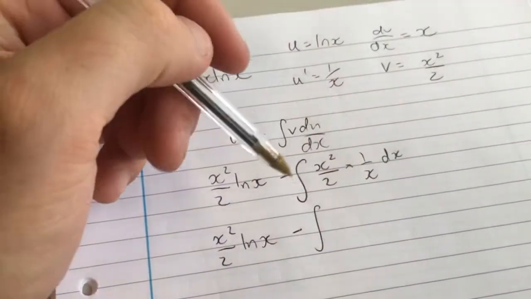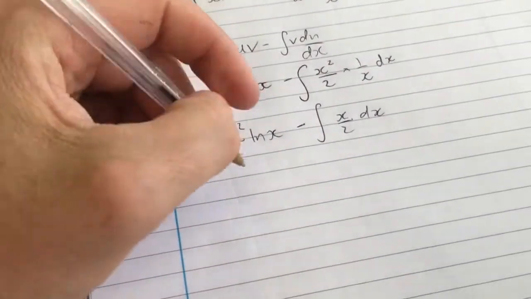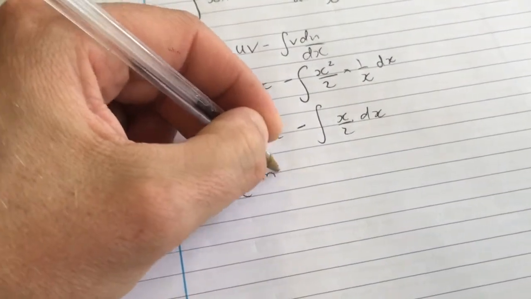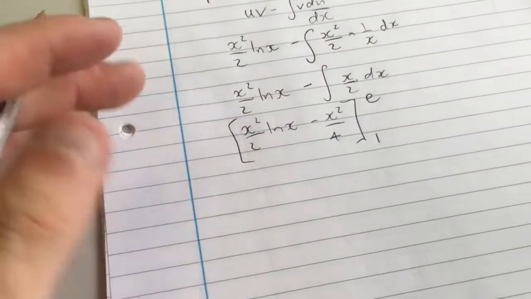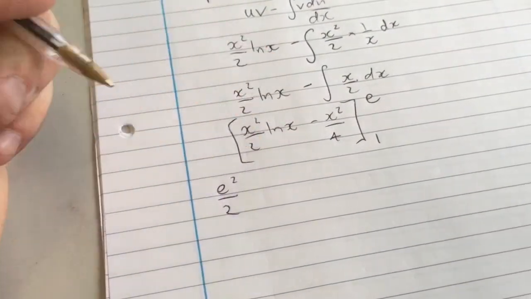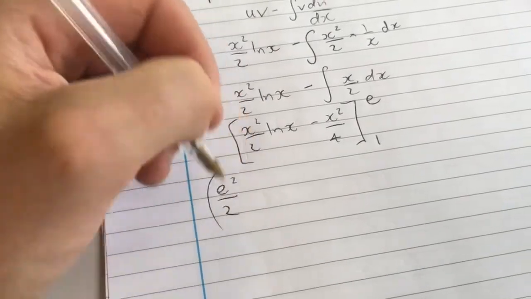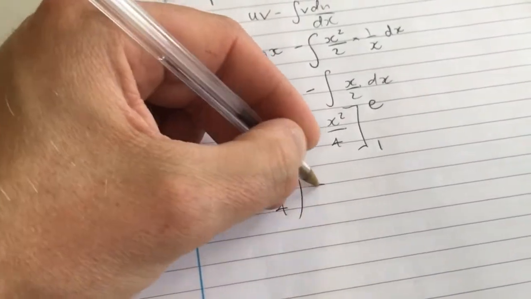So minus the integral of x over 2 dx. Okay, if we do this integral then, x squared over 2 ln x minus x squared over 4. Limits were 1 and e. So put e in first. e squared over 2, ln e is just 1, so that stays as that. Minus e squared over 4.